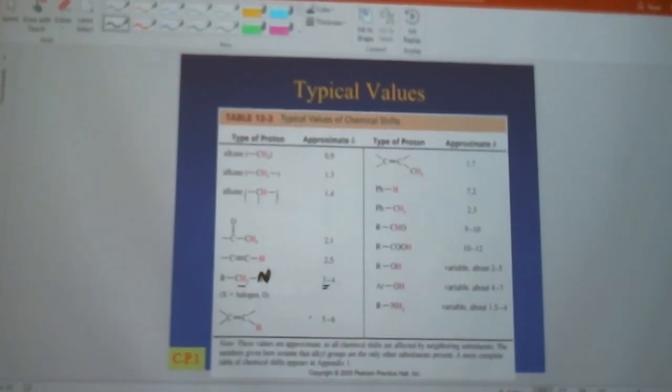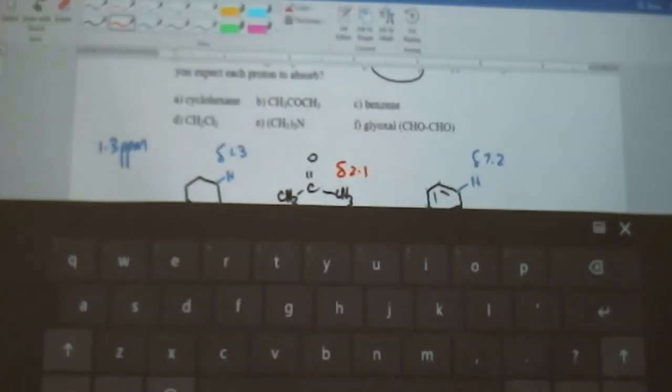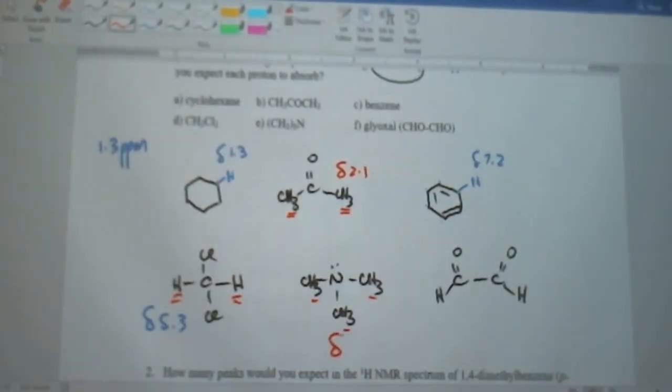Probably on the lower end of this range, or maybe halfway up, somewhere between 3 and 3.5. Somewhere there.